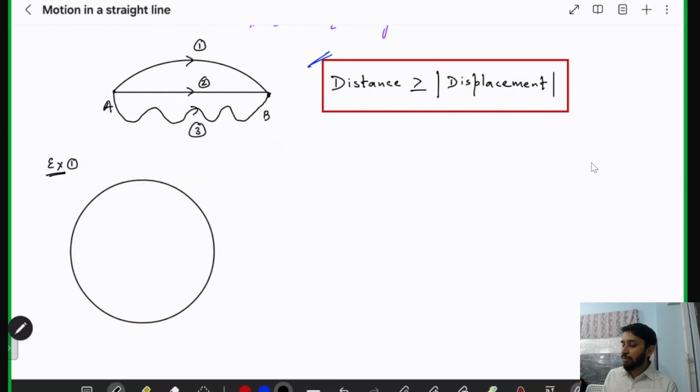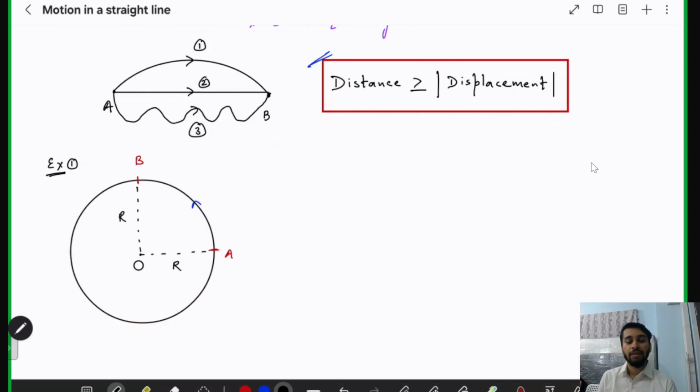Now, a particle goes from point A to point B along this circular path, something like this. Suppose R is the radius of the circle.